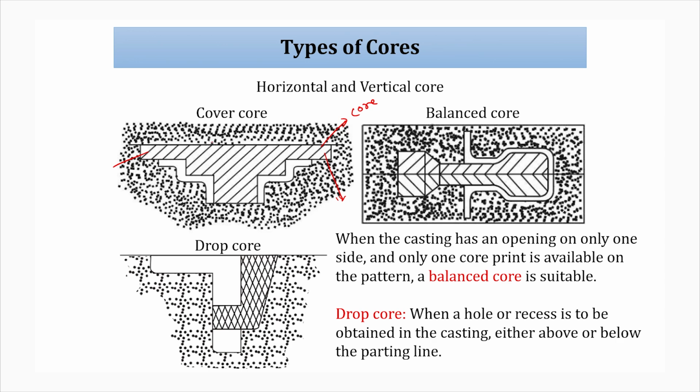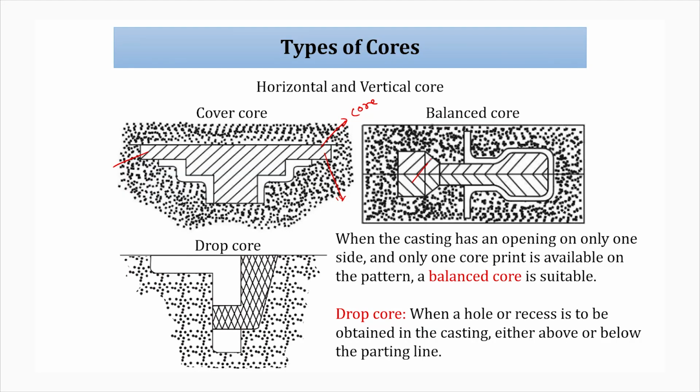A cover core has core prints on both sides. Whereas in a balanced core, there is no chance to make core prints on both sides, so only one side is able to hold your core. That is why this is called a balanced core.